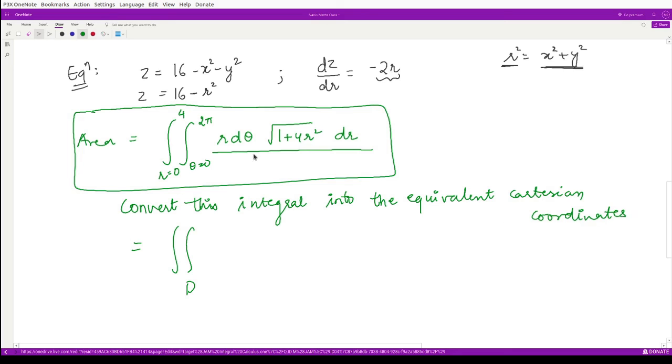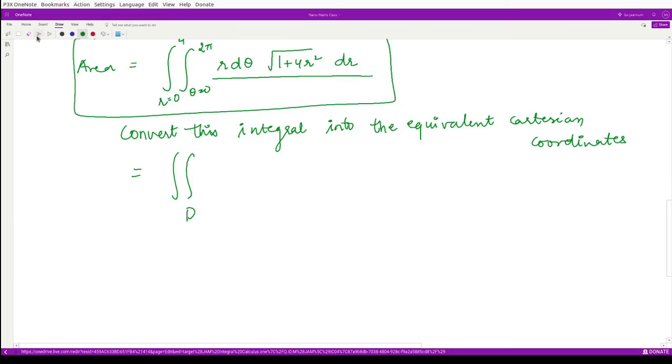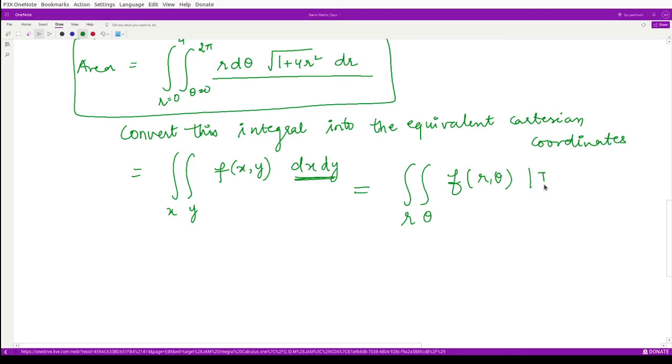If you remember, we have this relationship which tells you that the double integral in Cartesian coordinates, suppose you have some function of x and y with these limits for x and y, and you have dx dy, is equal to the integral in polar coordinates. This function now becomes a function of r and θ, and instead of dx dy we write the Jacobian, dr and dθ.